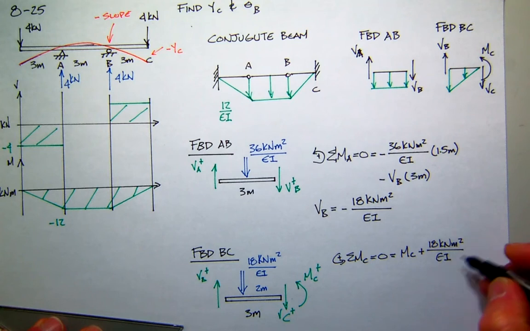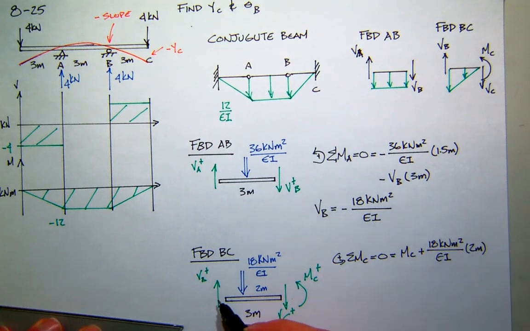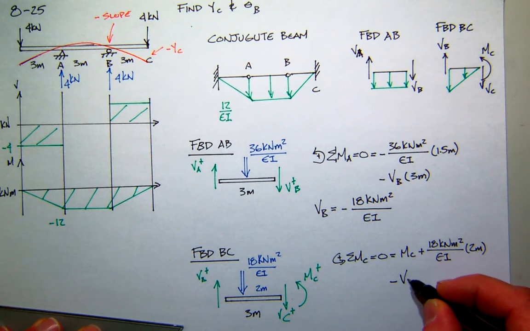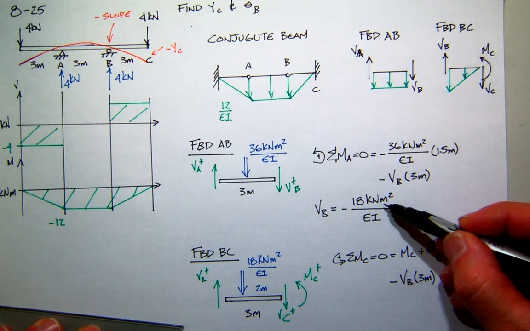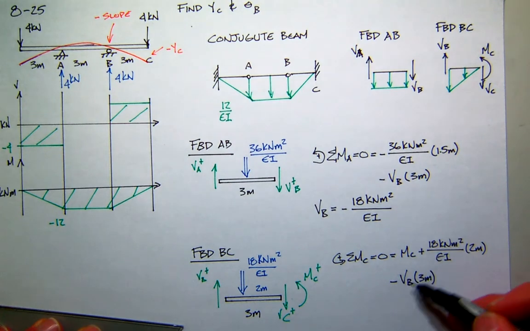And it has a moment arm from C of 2 meters. And then this force, the way I've drawn it, is negative moment, right? So I'd say minus the shear at B times 3 meters. Now at this point, I could stick in my shear at B, which makes it a positive value.